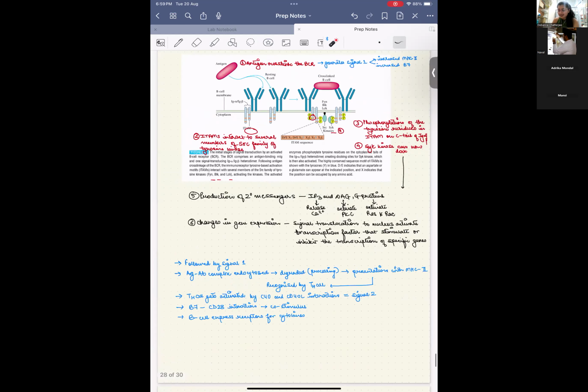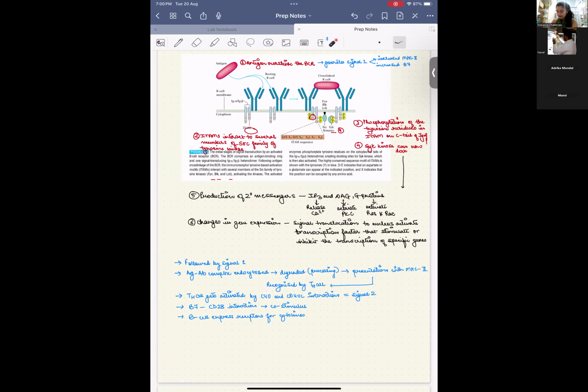So now this extracellular signal is transferred inside the cell, and within the cell we have secondary messengers that have been produced that can cause some change inside of the cell, and your signal from the extracellular surface is communicated intracellularly.